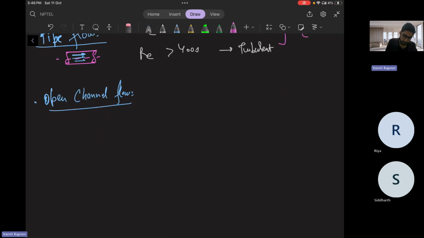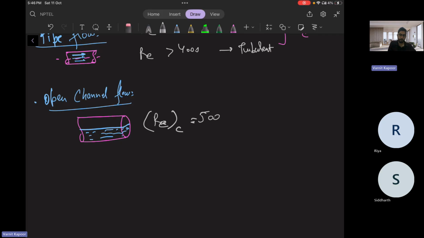For an open channel flow, it was like this. That means my fluid is up till somewhere till here, not completely filled. Okay, it can be through a pipe, through any cross section. Okay, so for this, the critical Reynolds number is 500.